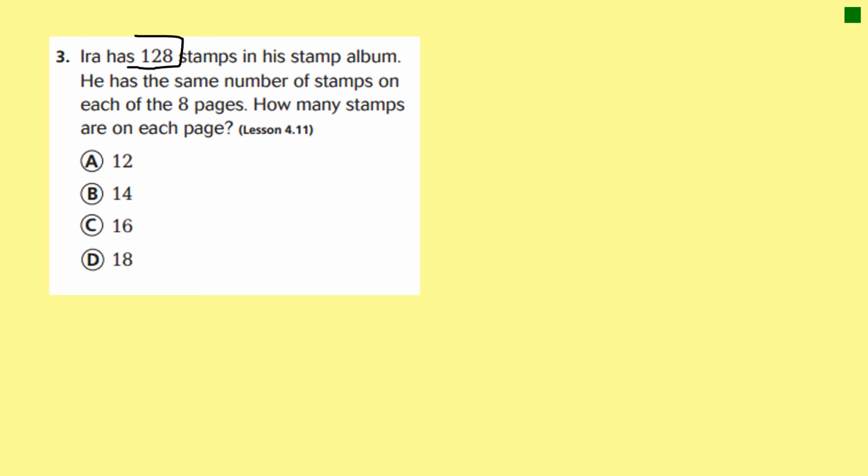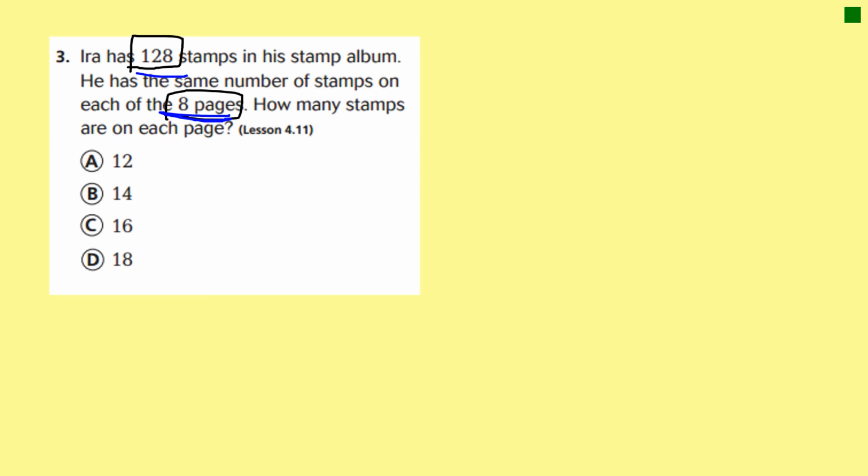Ira has 128 stamps in his stamp album, and he has the same number of stamps on 8 pages. Okay, I bet you guys already know what to do. 128, same number on 8 pages. How many on each page?